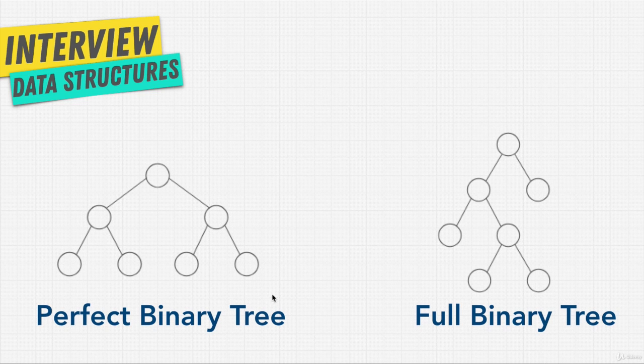The second important property is that the number of nodes on the last level is equal to the sum of the number of nodes on all the other levels plus 1. All right, that was confusing. What do I mean? Well, here, if I take the bottom level, that is 1, 2, 3, 4, the second property states that all the nodes above it plus 1 is going to equal the bottom level.